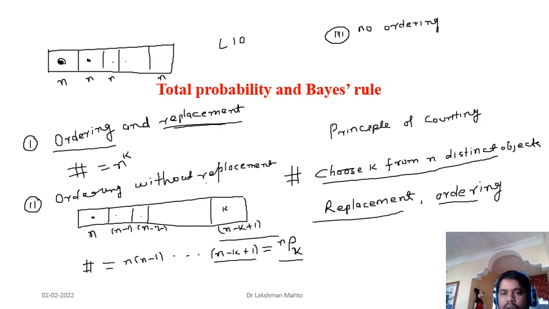That means choosing k objects from n distinct objects. You are not seeing which objects are coming into your hand. You are just selecting k objects one at a time from those n distinct objects. How many ways can we do that? So no order, no replacement.